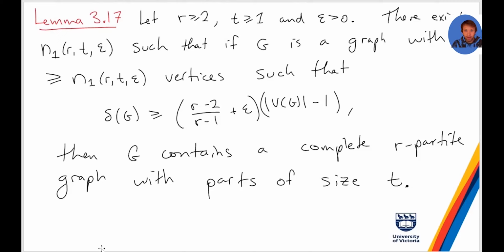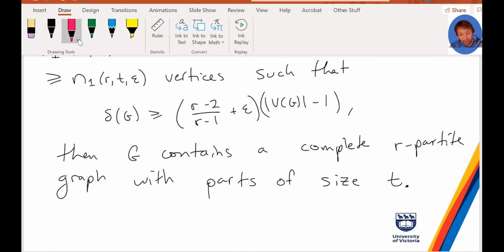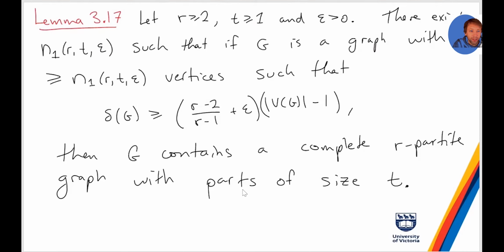This lemma now tells me that as long as the minimum degree in the graph is large, and the number of vertices is sufficiently large as well, I can always do that. So let's explain what this lemma says. It's a kind of technical one. We've got R at least 2, T at least 1, epsilon positive. So it's an asymptotic result.